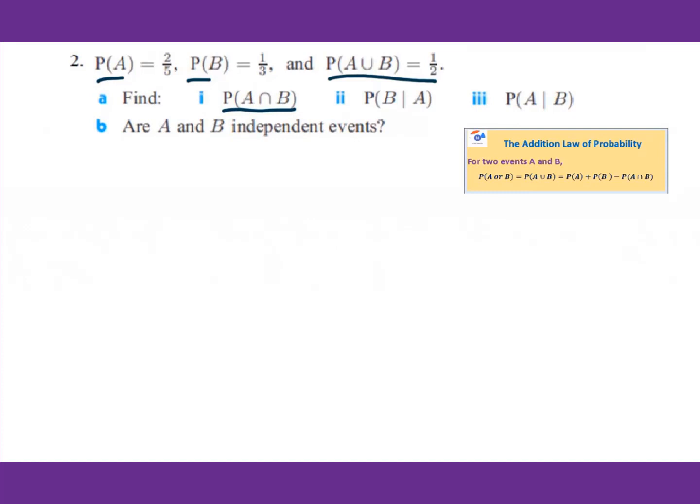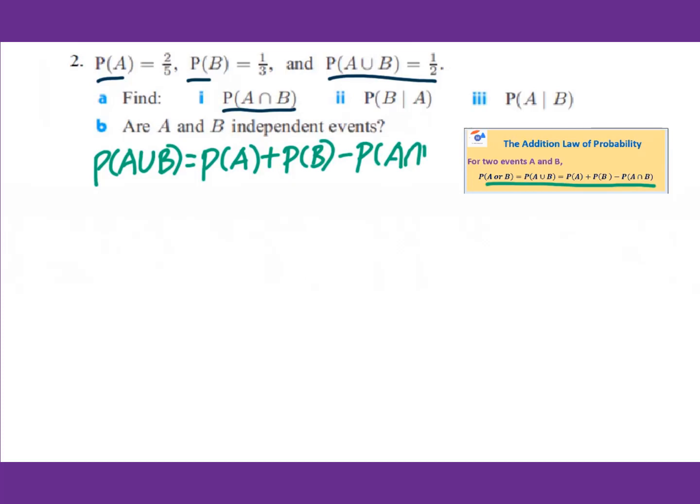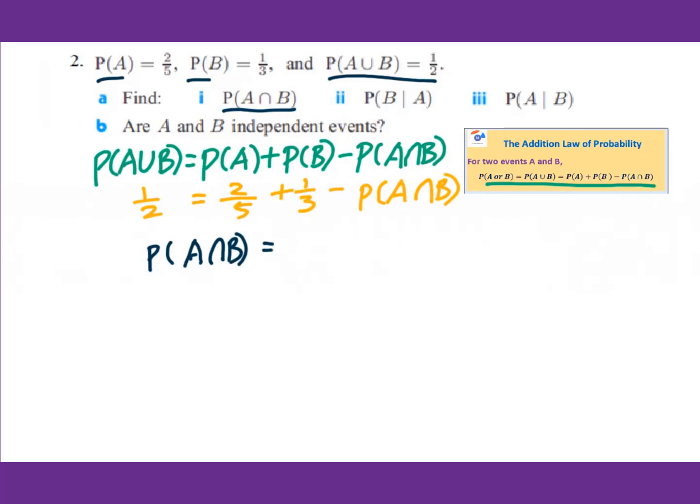Still use this addition law of probabilities. So we have the probability of A or B equals the probability of A plus the probability of B minus the probability of A and B. Plug in: 1 over 2 equals 2 over 5 plus 1 over 3 minus the probability of A and B. So the probability of A and B equals 2 over 5 plus 1 over 3 minus 1 over 2.